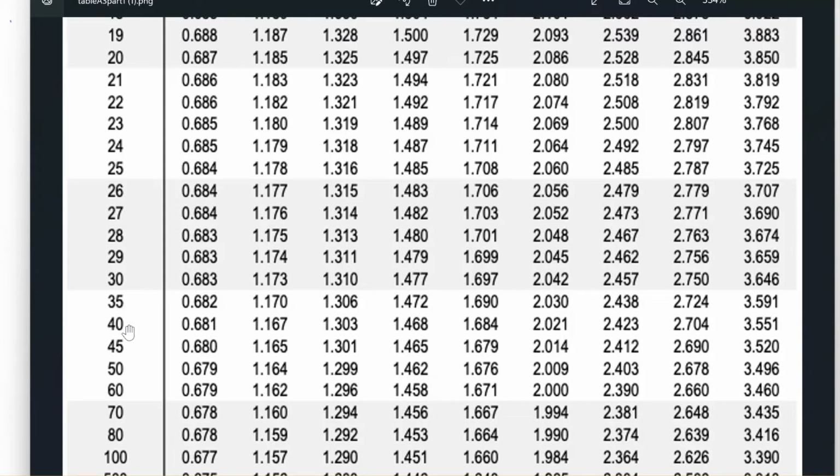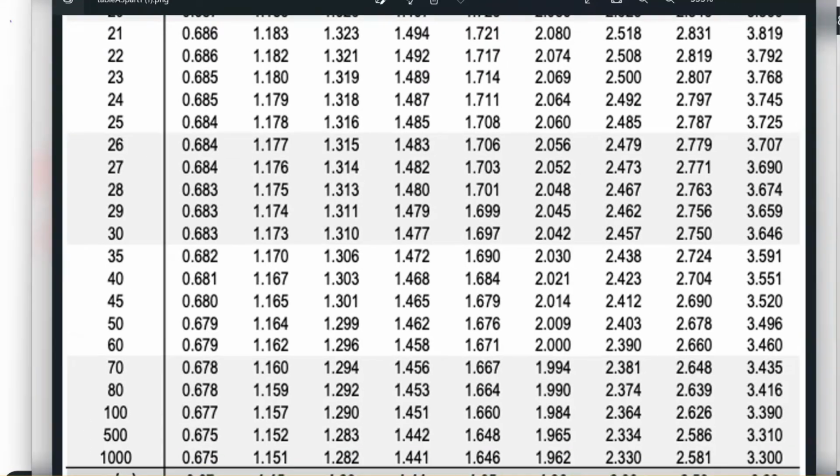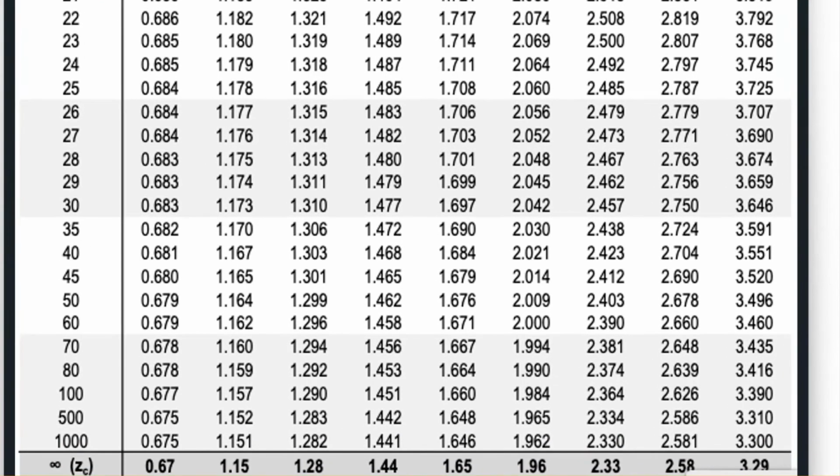If the degrees of freedom was, let's say, 800, but 800 is not here, then we use 500 and find the corresponding percentage of the confidence interval to find the critical value.